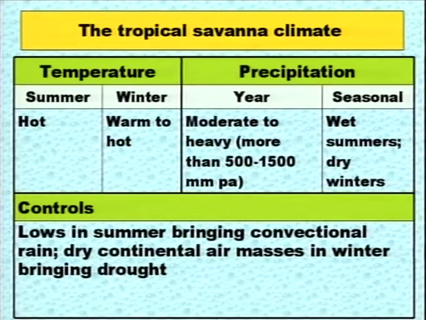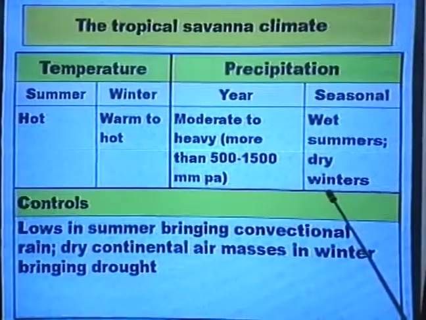Precipitation in this region or environmental type, moderate to heavy rainfall or precipitation. And it is also important to note that precipitation is more than 500 millimeters to 1,000 millimeters per annum.